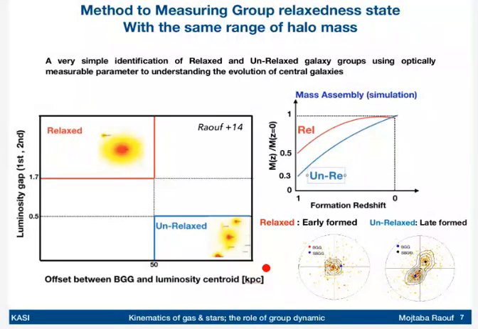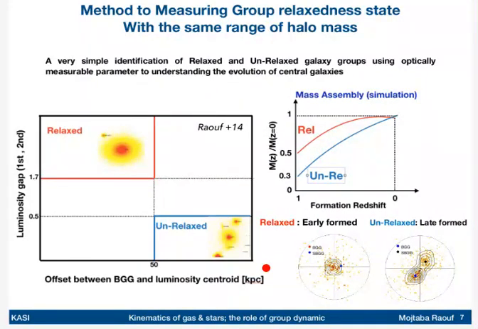You can see the regions of blue and red for a typical central galaxy hosted by the relaxed and unrelaxed galaxy systems. The unrelaxed systems are more crowded, while the relaxed systems have a really bright BGG at the center of galaxies.